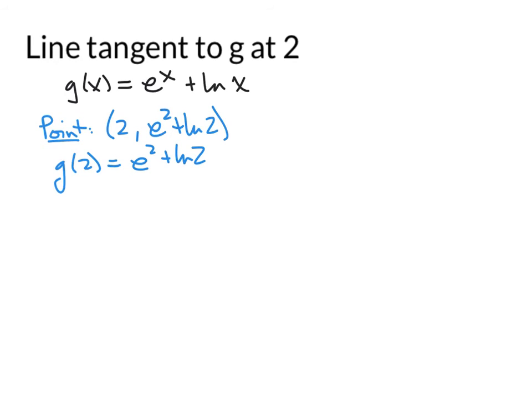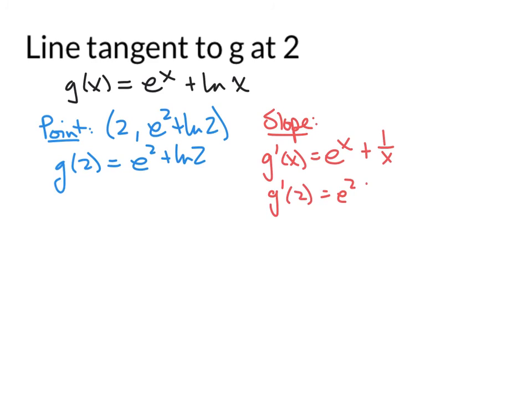The other thing we need is the slope of our tangent line, which of course is the derivative. So the derivative of g of x is going to be e to the x plus 1 over x, which means the derivative at 2 is going to be e squared plus 1/2. That's our exact slope.